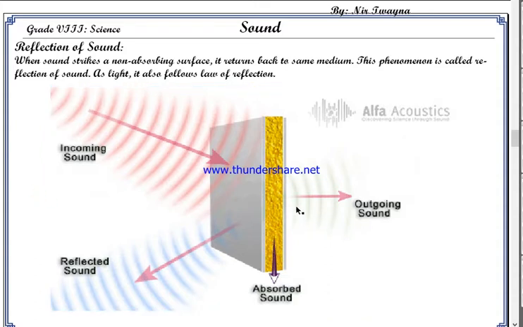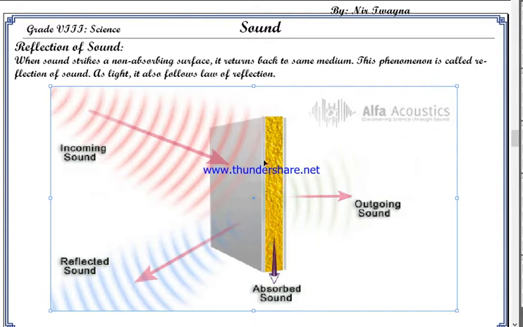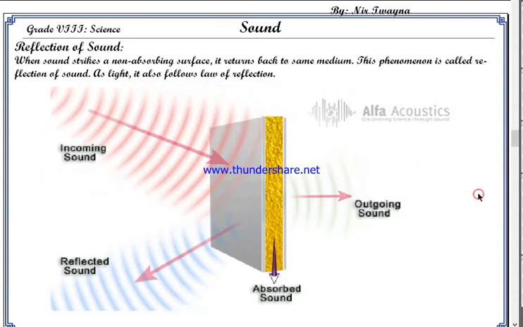However, some amount of sound energy is absorbed by the surface. If the surface is soft, most of the sound energy is absorbed by the surface. Please note this point because it is going to be important later.